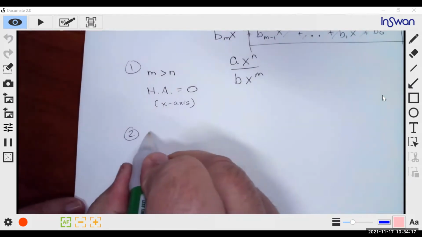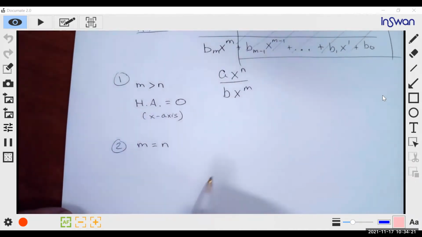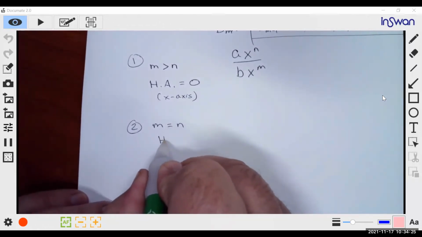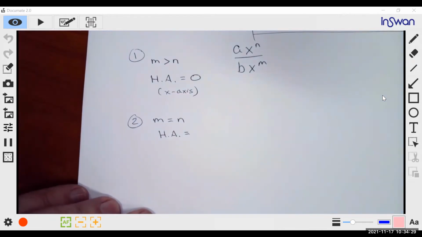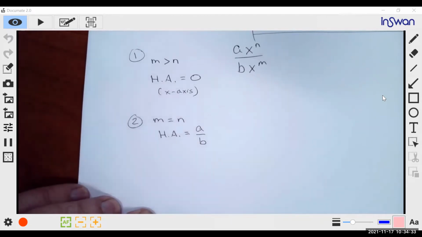In the middle one, if m equals n, if the bottom equals the top, then the horizontal asymptote is simply the coefficients.